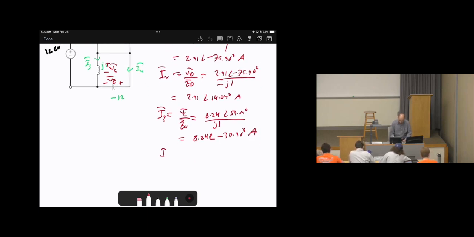Then the last one, I4, is associated with VE, so it will be VE bar divided by ZE bar. Then it's 8.24 angle 59.04 degrees divided by negative J2. So the answer will be 4.12 angle 149.04 degrees amperes.